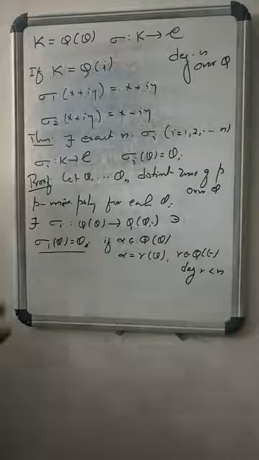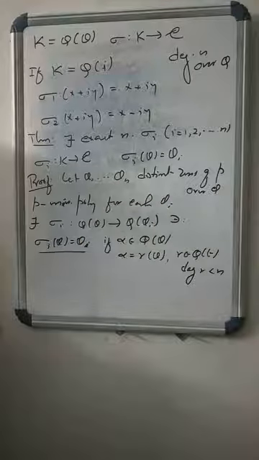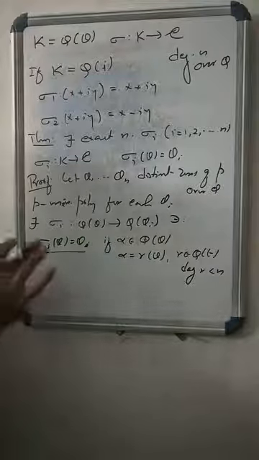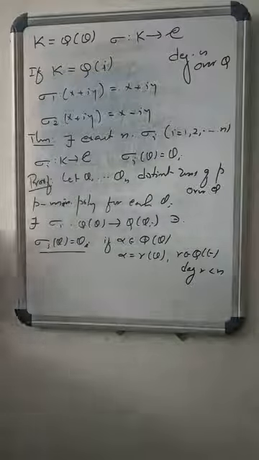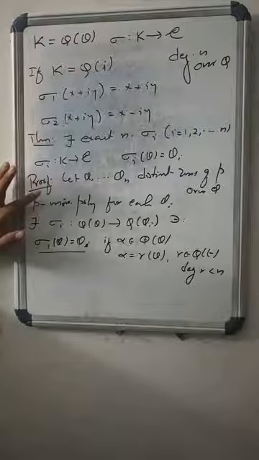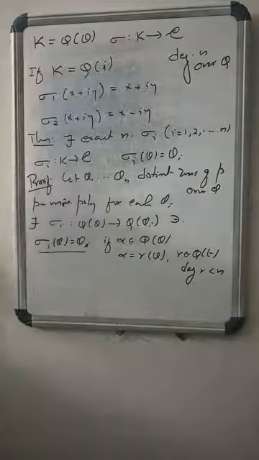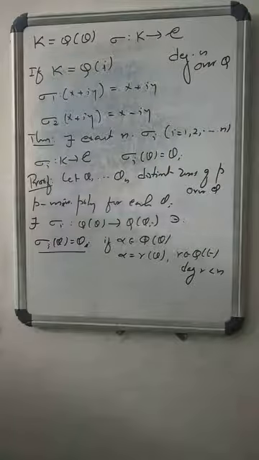Since p is a minimal polynomial for each theta i, there exists a unique monomorphism sigma i from Q(theta) to Q(theta i) such that sigma i of theta is theta i. Why is this so? Because p is the minimal polynomial for each theta i, and also the minimal polynomial of theta.